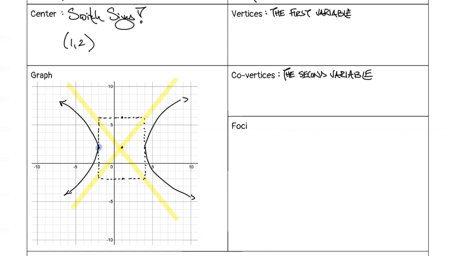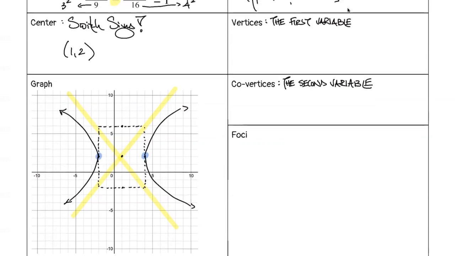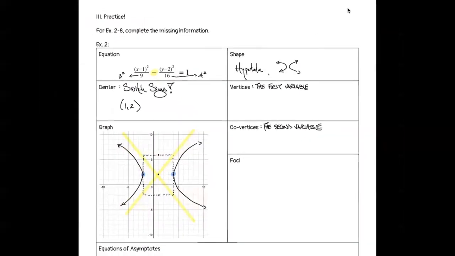Now, these points right here, the ones that I actually have the hyperbola at, those are my vertices. And so if we think about how we got from the center point to those sideways points, we took our center point and all we did was add 3 to the x value and subtract 3 from the x value.